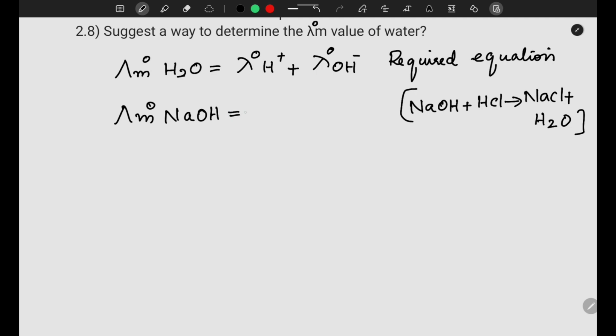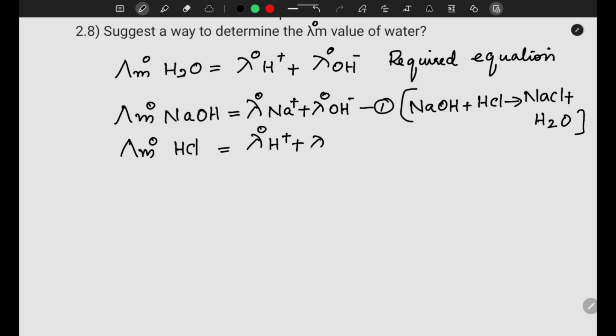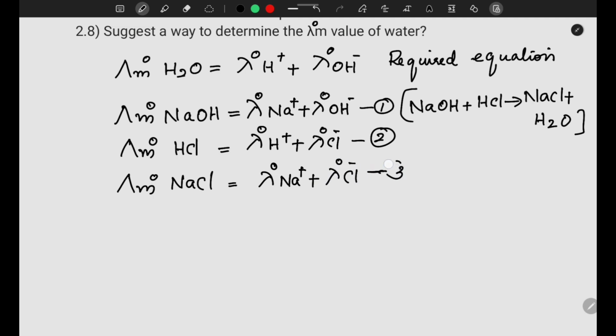So lambda 0 NaOH is equal to lambda 0 Na+ plus lambda 0 OH-. Let it be equation 1. Similarly, lambda m0 HCl is equal to lambda 0 H+ plus lambda 0 Cl-. That is equation 2. And lambda m0 NaCl is equal to lambda 0 Na+ plus lambda 0 Cl-. That is equation 3.